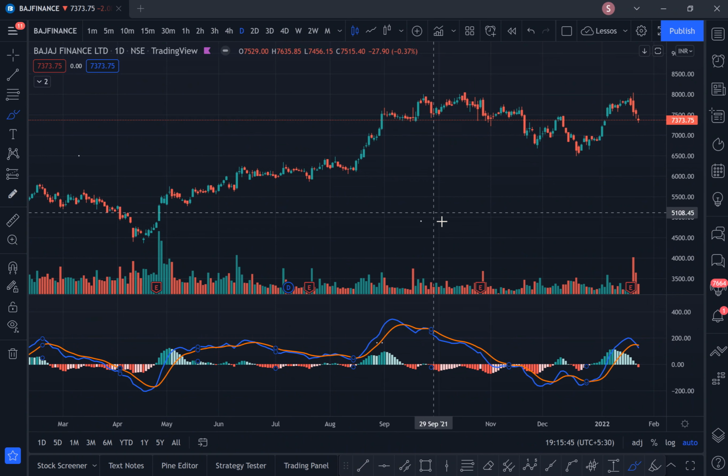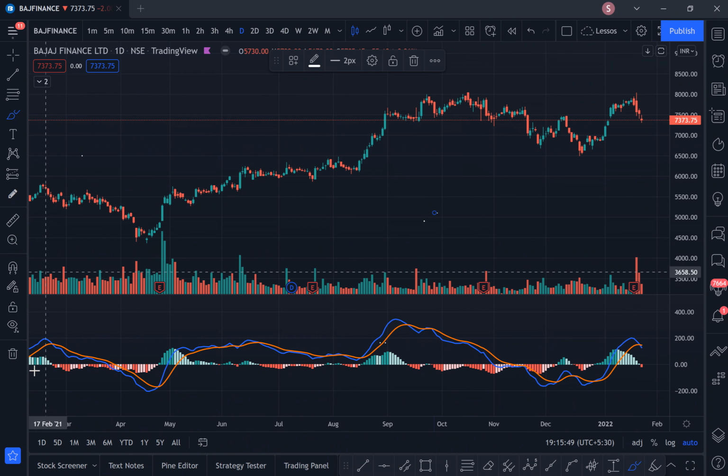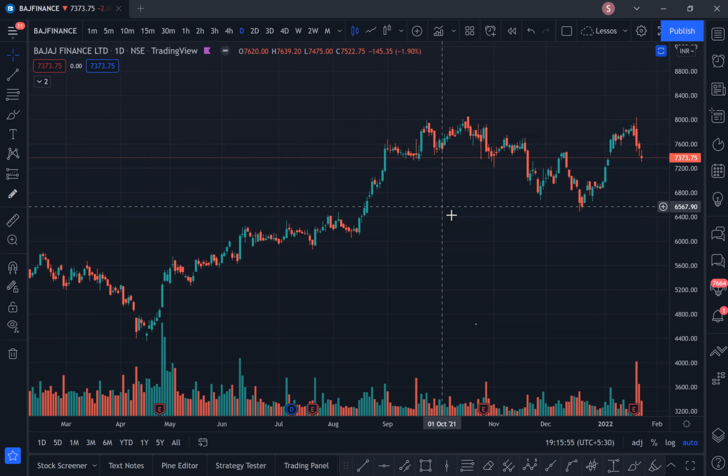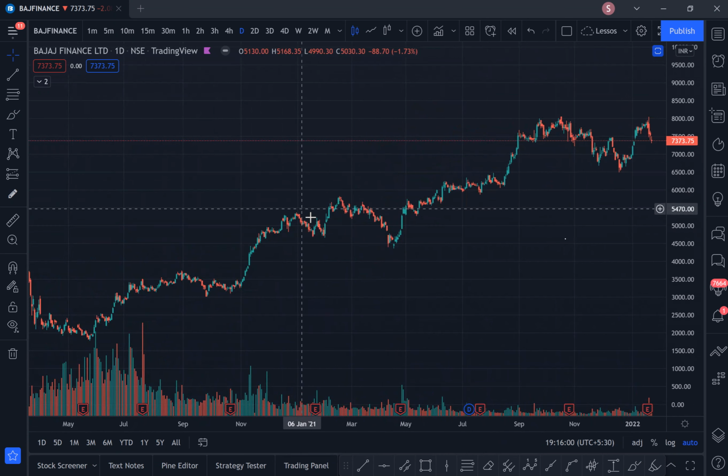So for now let's forget about MACD. Just hold on, and let's draw a price action. Let's go for a price action.